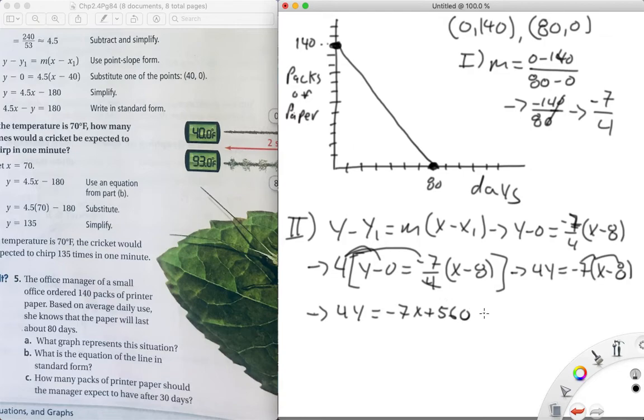Then I'm going to add the 7x to both sides, and I get 7x plus 4y equals 560. This is my equation in standard form. So that's part B.